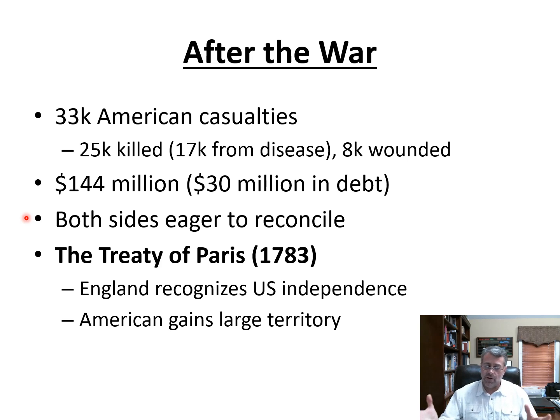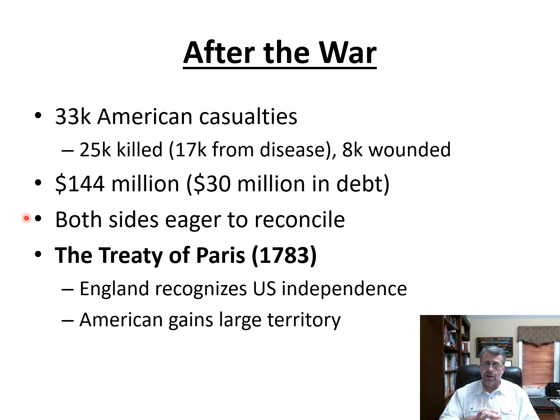The British government told the British people early on, this is going to be an easy war. It'll be over in a few months, it's a quick victory, and we'll be back to normal. The British people are like, where's our quick victory? You said this is going to be a quick victory. That was 6 years ago. This is costing us a fortune. So there's a lot of internal pressure in England to bring an end to this war, if for no other reason than to salvage their economy.